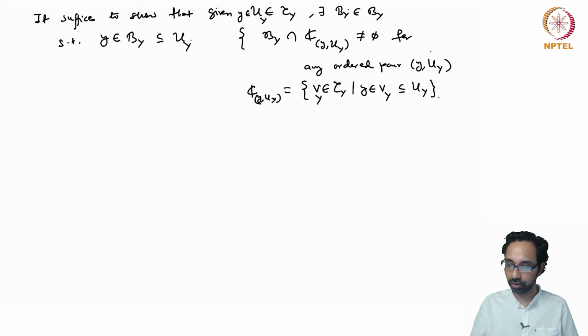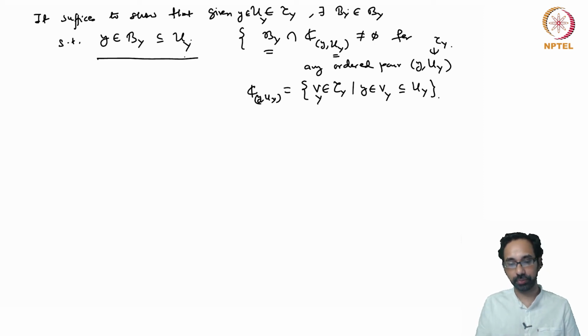Okay, so here U_Y is again in tau_Y. And so if a collection B satisfies such a thing, then it generates the topology that you use to take these ordered pairs, right? So it is sufficient to find a basis set B_Y in this collection B_Y such that y is contained in this basis set, and this basis set is then contained in this open set U_Y.